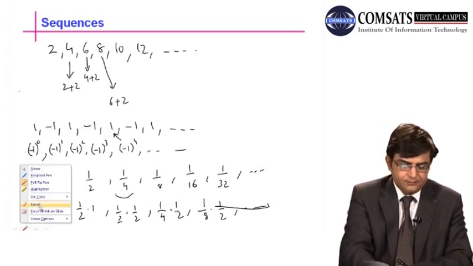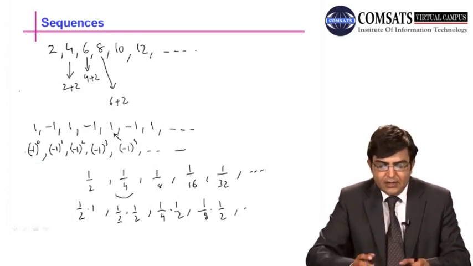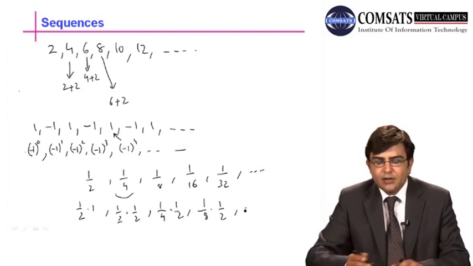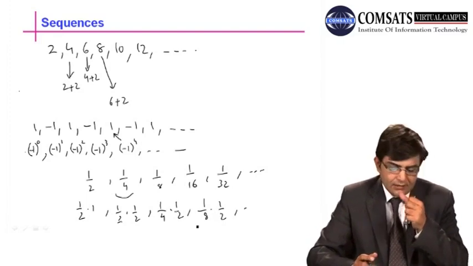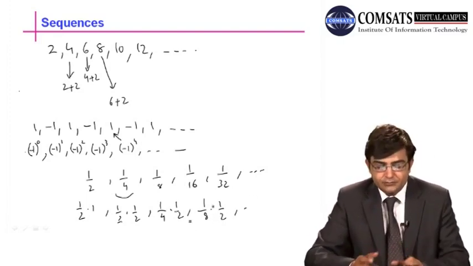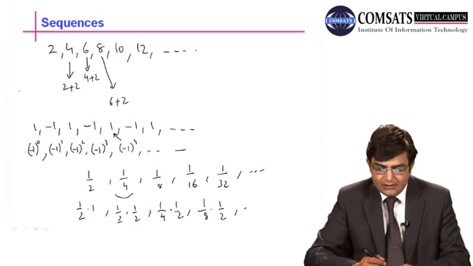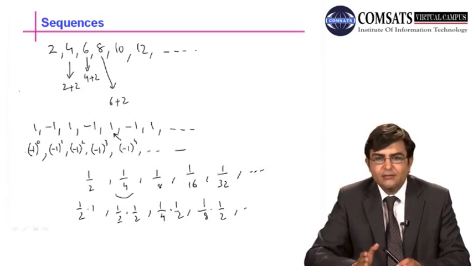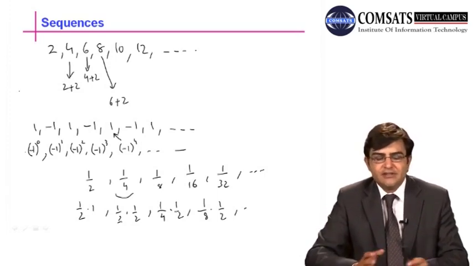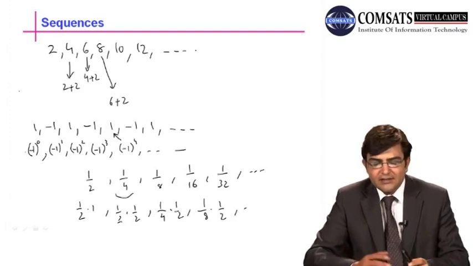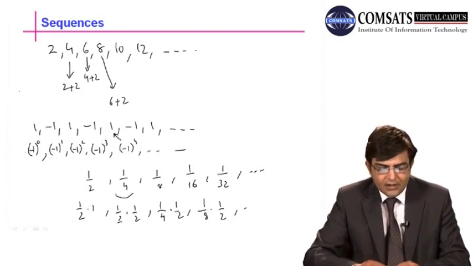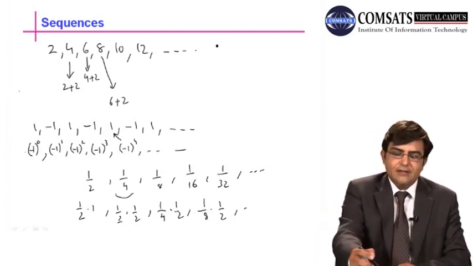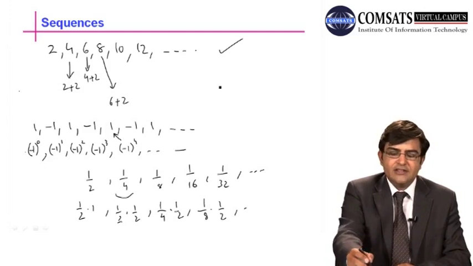So the next term is obtained by adding, subtracting, multiplying, or taking power of the previous term by some number. In short, in sequences the next term is obtained with the help of the previous term by multiplying by some number, adding some number, subtracting some number, or taking power. Such type of expressions in mathematics are called sequences.